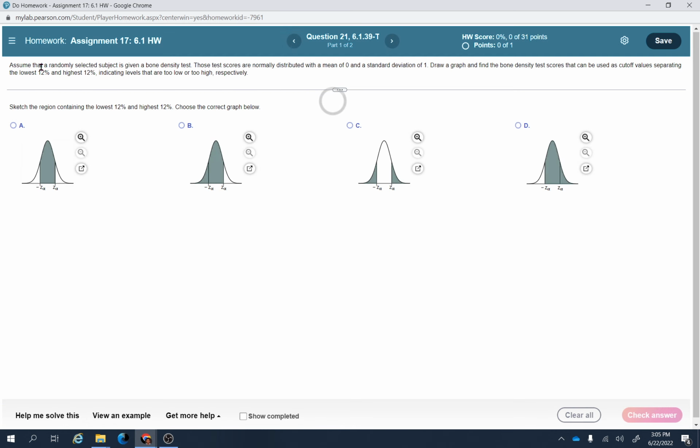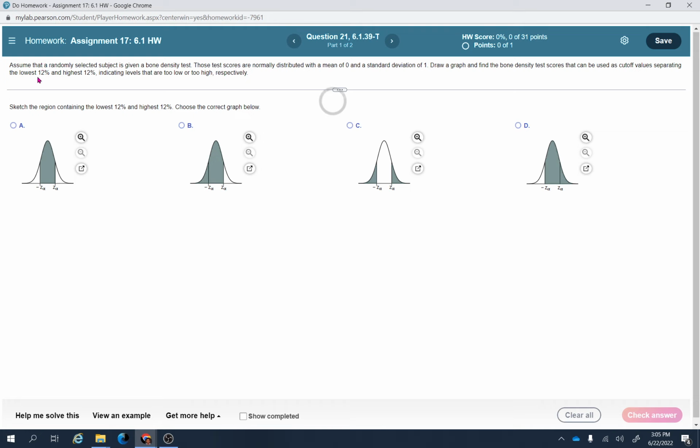So assume that a randomly selected subject is given a bone density test. Those test scores are normally distributed with a mean of 0 and standard deviation of 1. Draw a graph and find the bone density test score that can be used as a cutoff value, separating the lowest 12% and then the highest 12%, indicating levels that are too low or too high respectively.